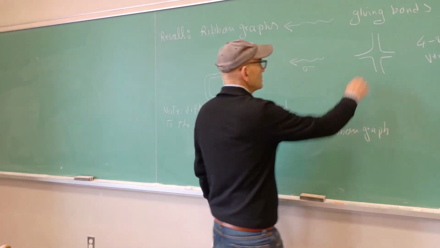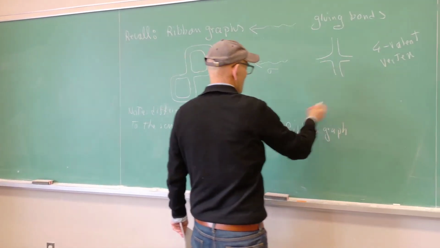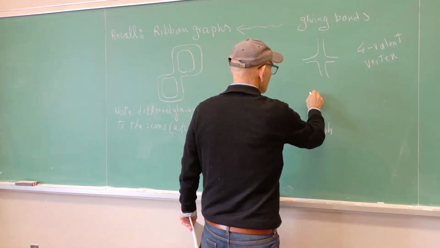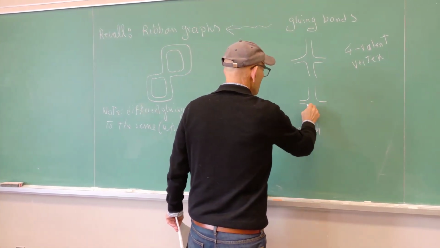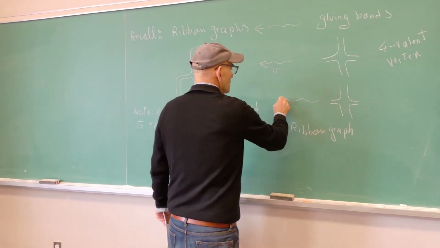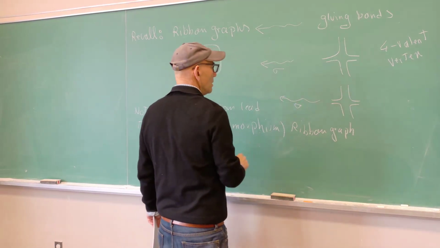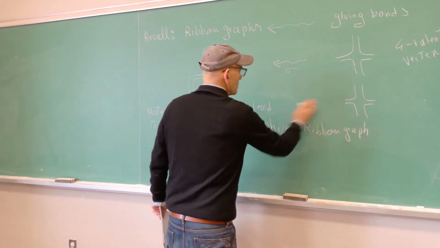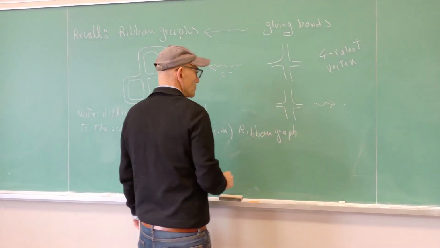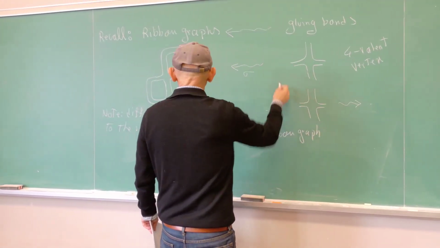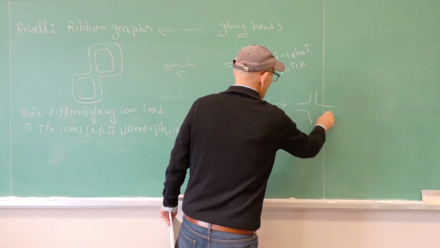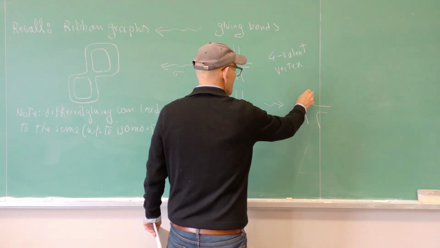In this case, we didn't do these two things, but here, for example, we can have another gluing. So it's a different sigma. Let me draw it over here. We can actually glue these two things together.